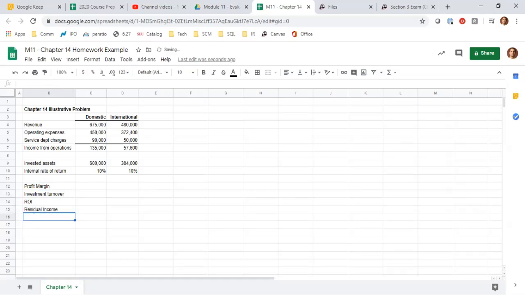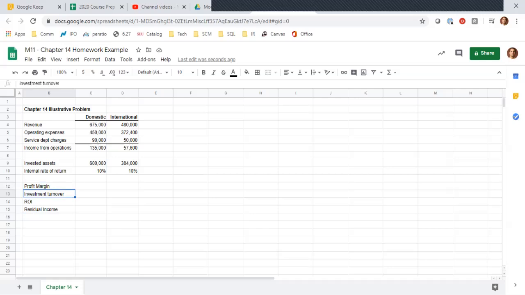Okay, so using the DuPont formula, the DuPont formula uses the profit margin and the investment turnover ratios to calculate the ROI. So we're just going to do the profit margin separate, the investment turnover separate, and then that will give us the ROI using the DuPont formula.